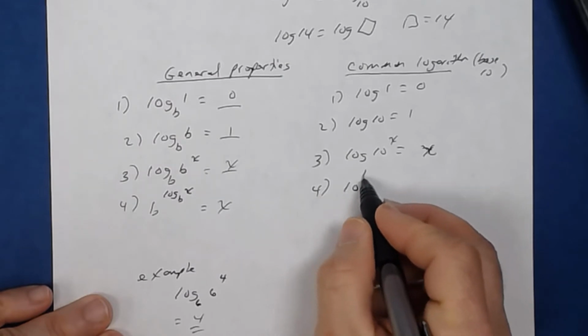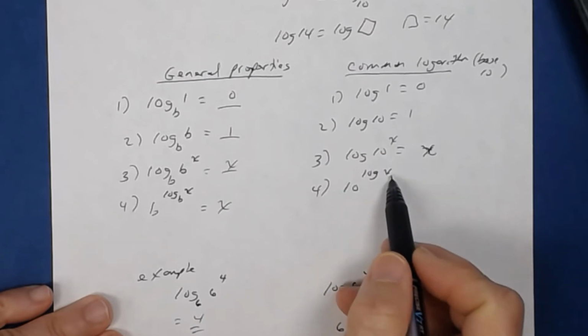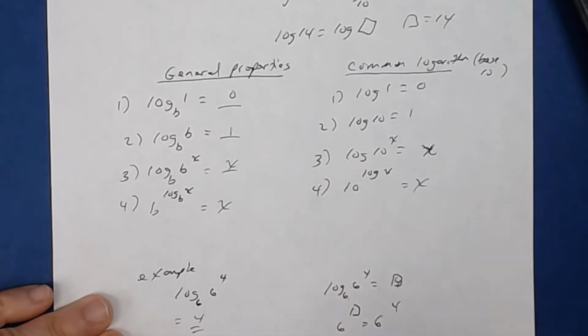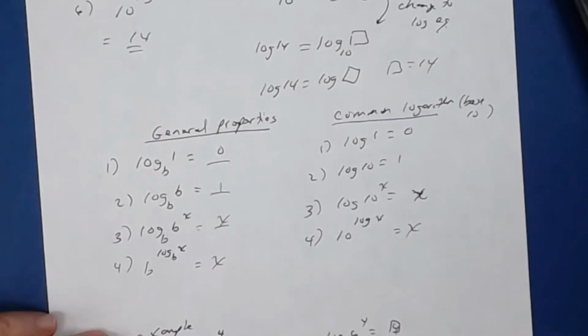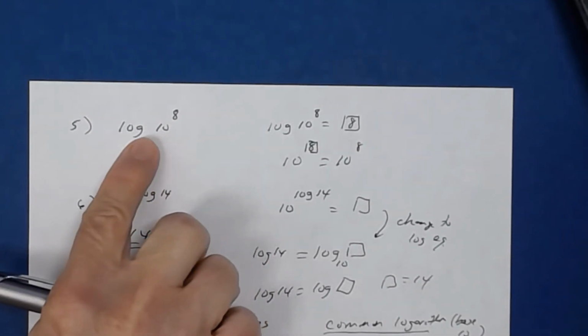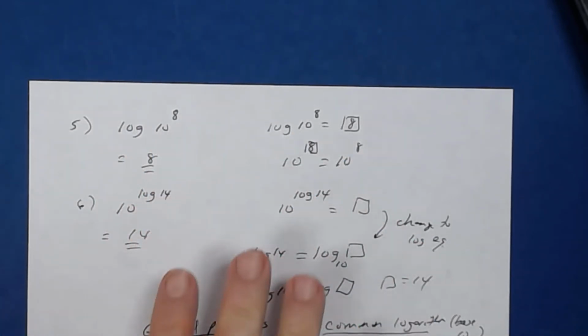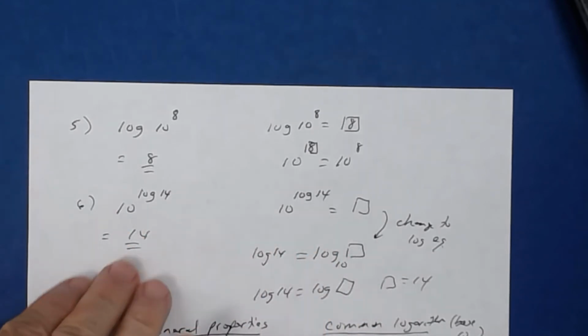This would be 10 to the log of x. So this base is 10, this is 10, so it's just the argument. Okay? Mainly for common logarithms, you just have to know that if you don't see a base, it's understood to be 10, and you evaluate this just like you would previous parts.